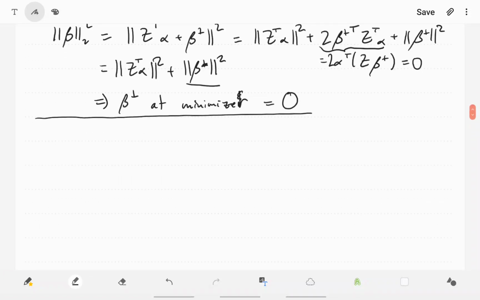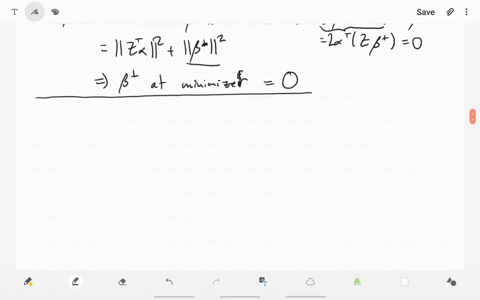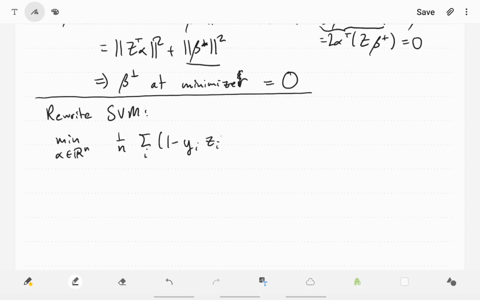Okay, so let's see what happens now when we rewrite the linear support vector machines. We're minimizing with respect to the selection of alpha, which is in Rn, 1 over n, sum over i, of 1 minus yi times zi transpose beta, where beta is Z transpose alpha, positive part, that's the hinge loss, plus lambda times the squared 2 norm of Z transpose alpha.